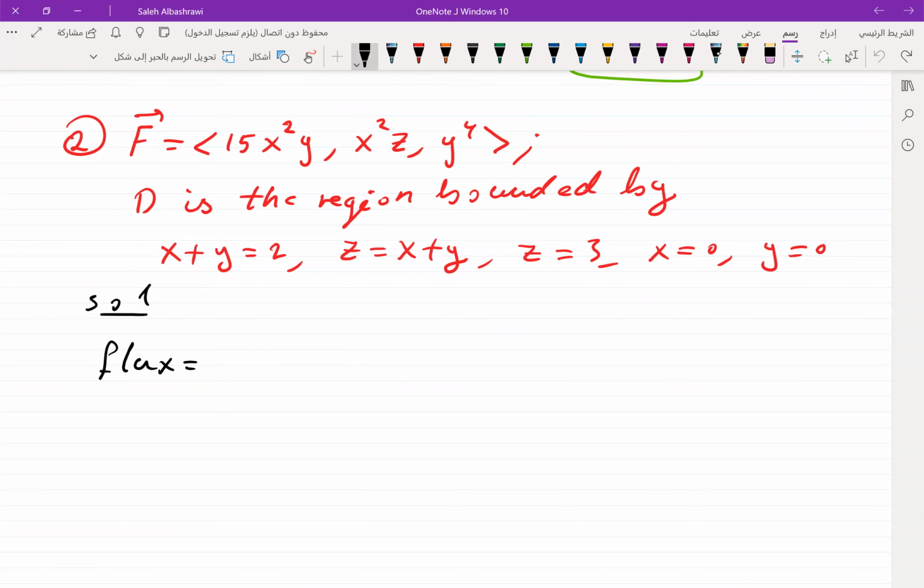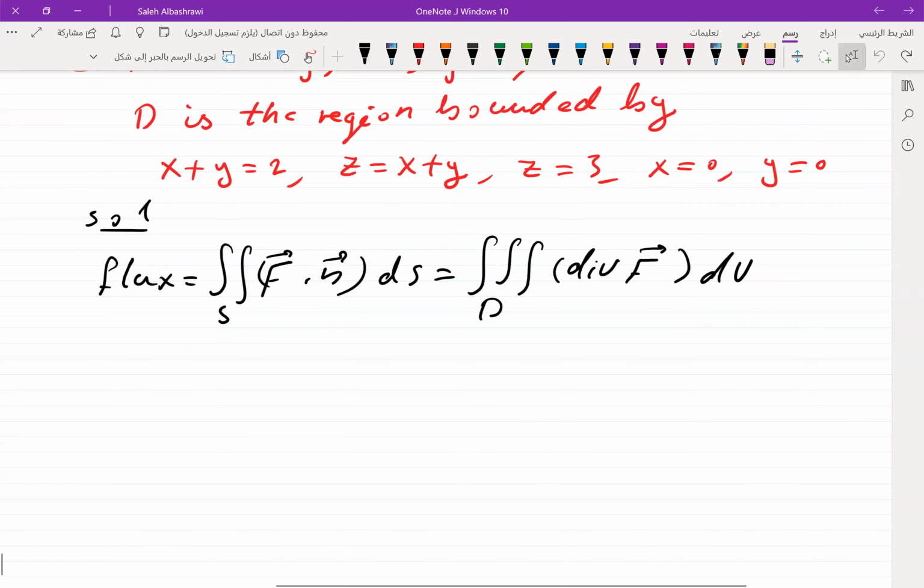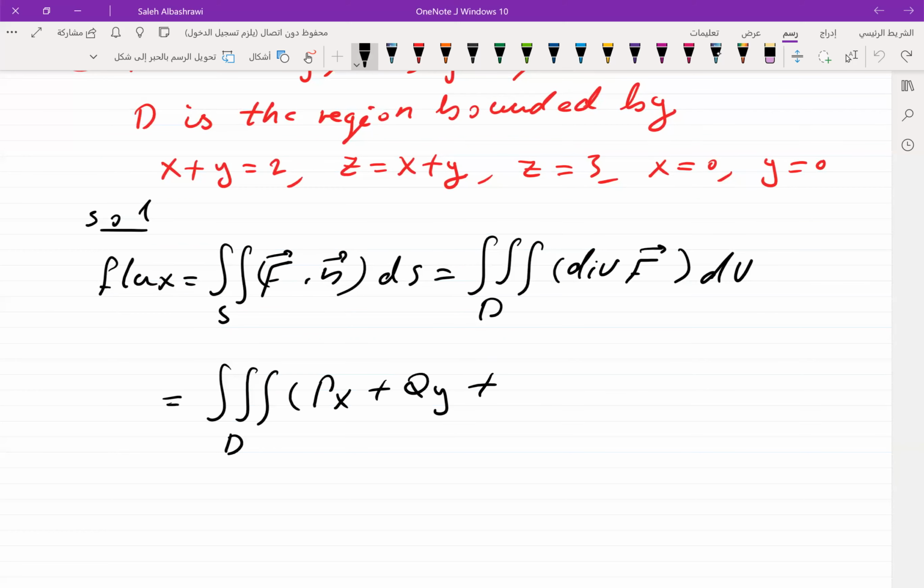By the divergence theorem, the flux, or the double integration F dot n, equals the triple integral of the divergence of the function F over the given region D, which is equal to the divergence, P sub x plus Q sub y plus R sub z, dV.